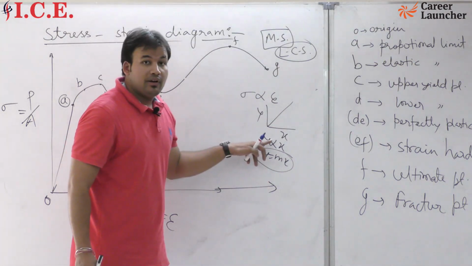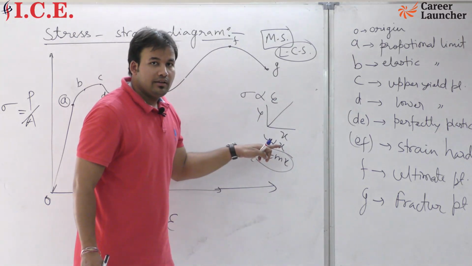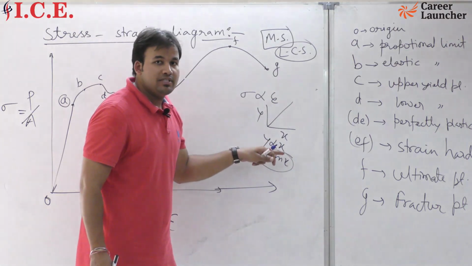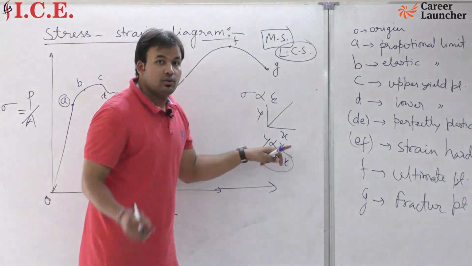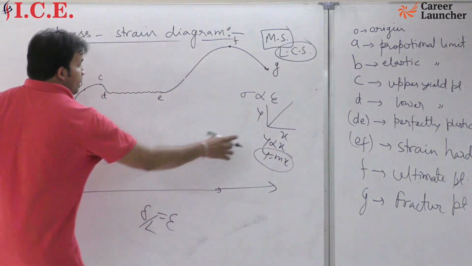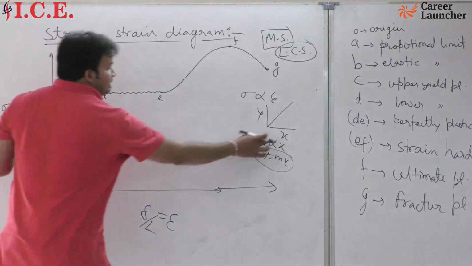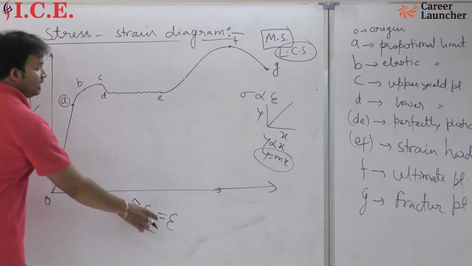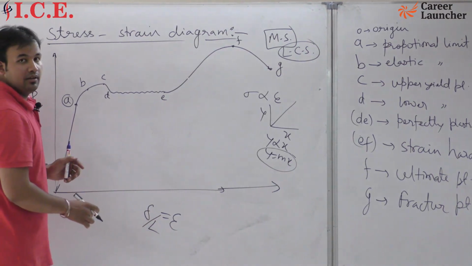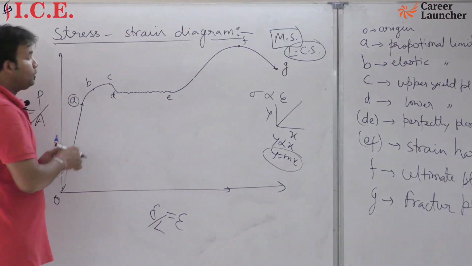It means for a linear equation, you can say that y is directly proportional to x. So on that basis, here y is sigma, x is epsilon. So sigma will be directly proportional to epsilon up to point A.